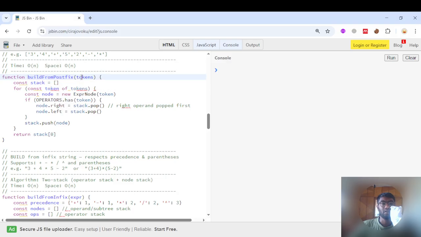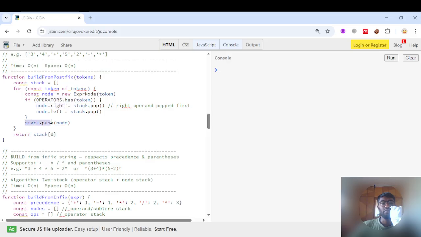Since postfix will have operators at the end, it will always start with two operands. So if there is an operator, we create a node, we pop the two nodes, which are right and left, by popping two times and assigning the values as seen here.